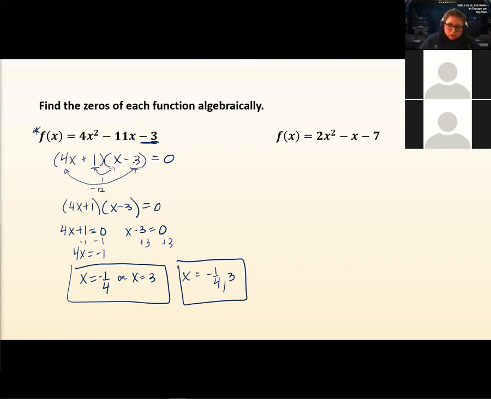You could have solved the first one with the quadratic formula if you liked. That's up to you. If you were given a choice to do whatever you want, definitely go with the method that calls out to you. I'm going to go ahead and say let's use the quadratic formula. And just for reference, that's this one that we did earlier.